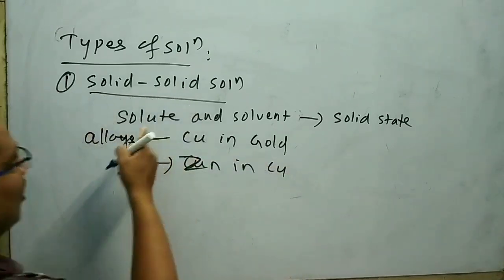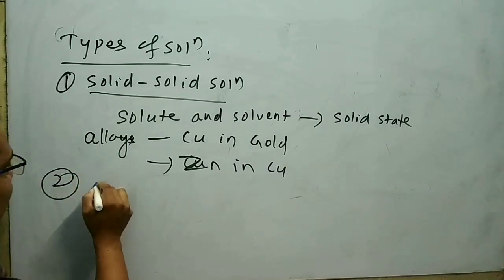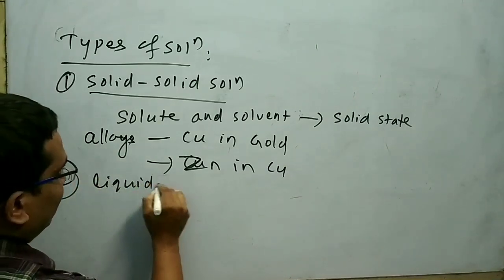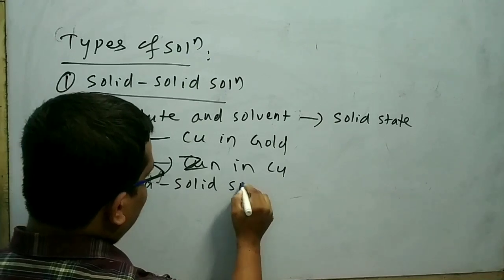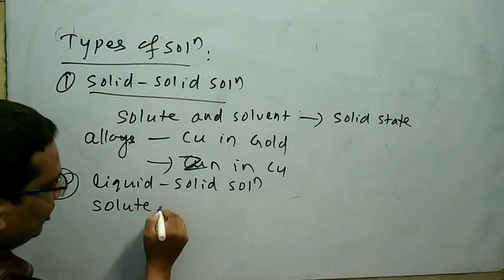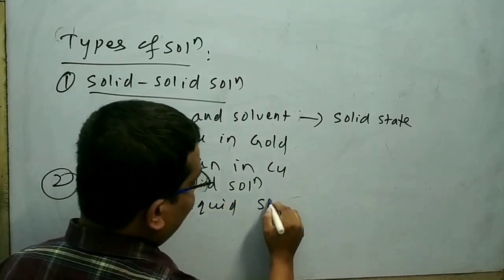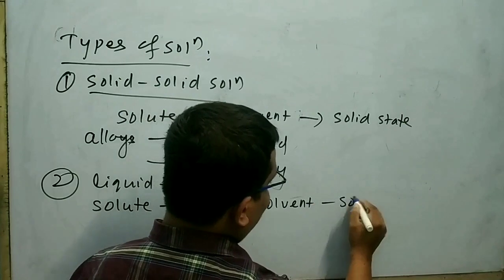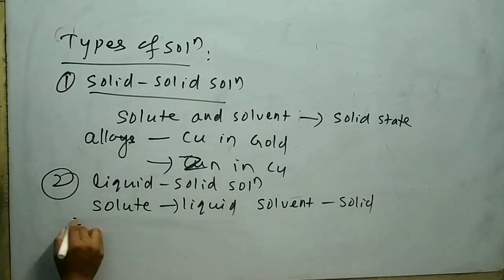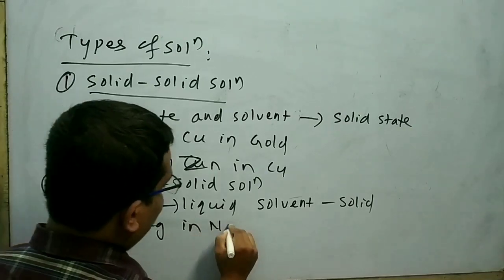These are examples of solid solution. Second is your liquid solid solution. In this case, the solute is liquid, the solvent is solid. Example is your mercury in sodium.